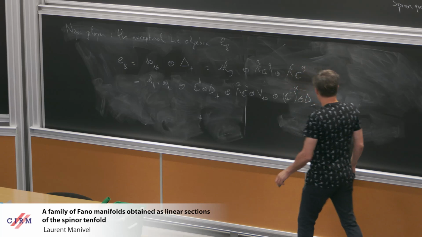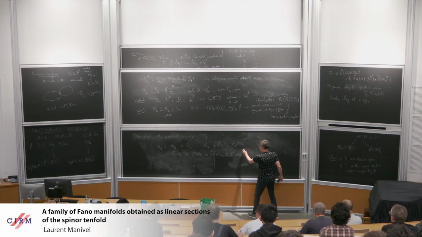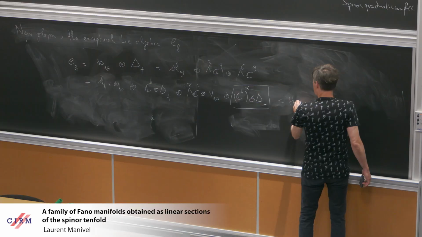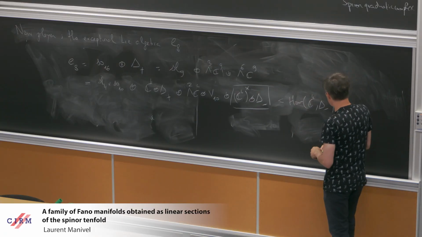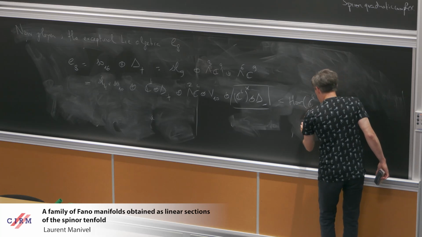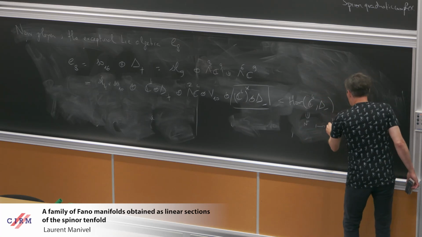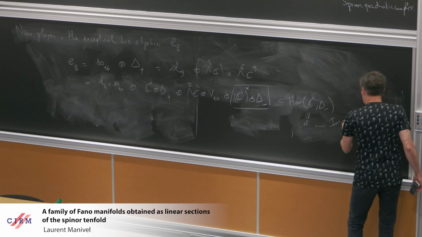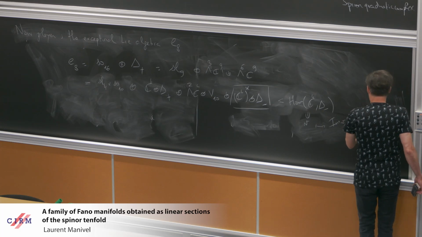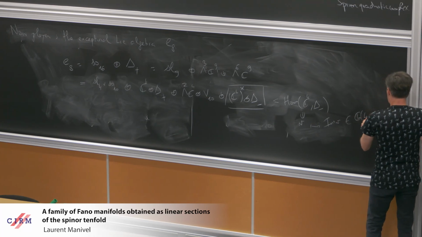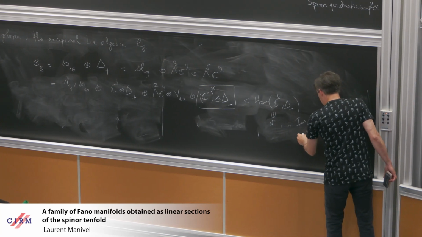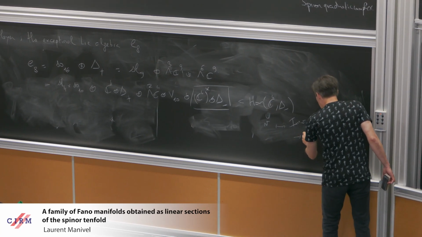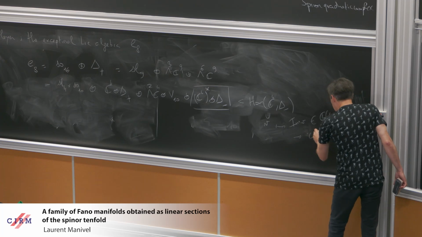So why is that nice? Well, first thing is that you see here homomorphisms of C4 to delta minus. So if we take an element here, obviously if it's injective, the image will be a point in the Grassmannian, so it will define a codimension 4 section of the spinor.